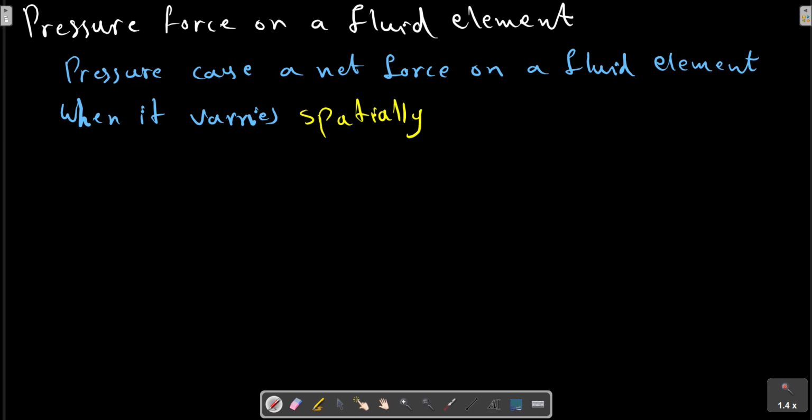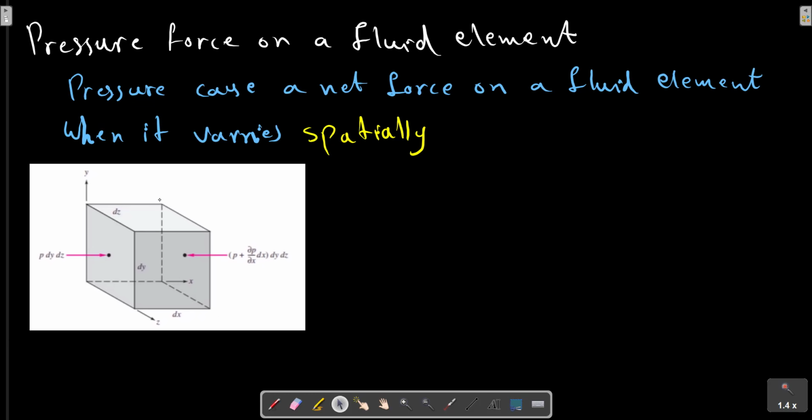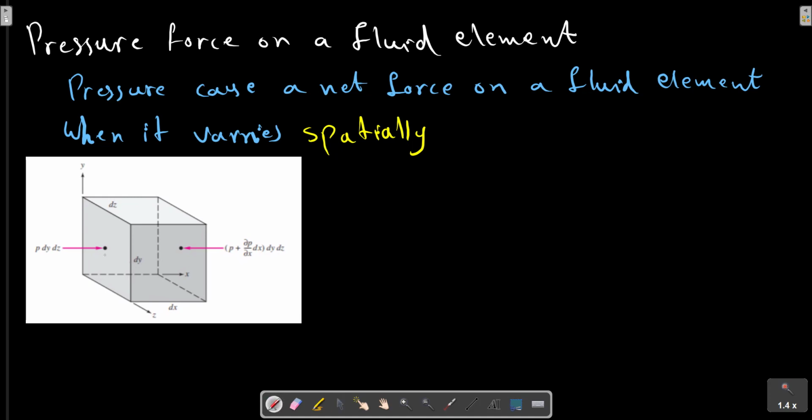The pressure acting on the two x faces in this figure can be written as this expression. Consider the pressure acting on the two faces of an element of fluid as shown in this picture with these arrows. Let the pressure vary arbitrarily, like P equals P of x, y, z, and t.